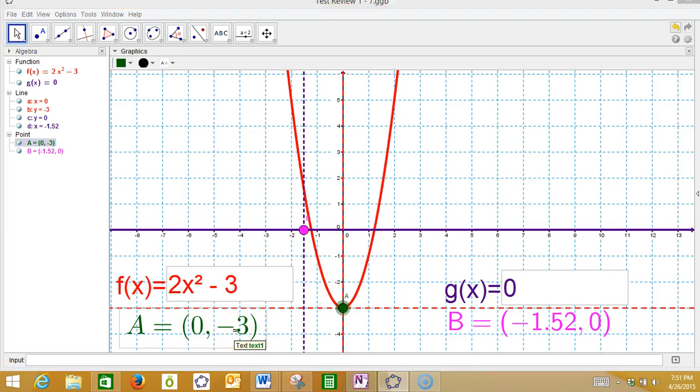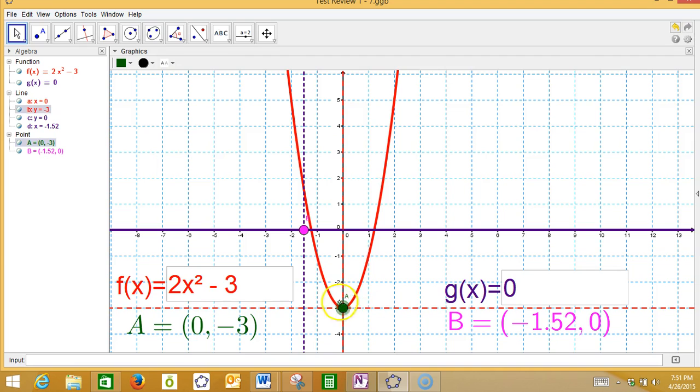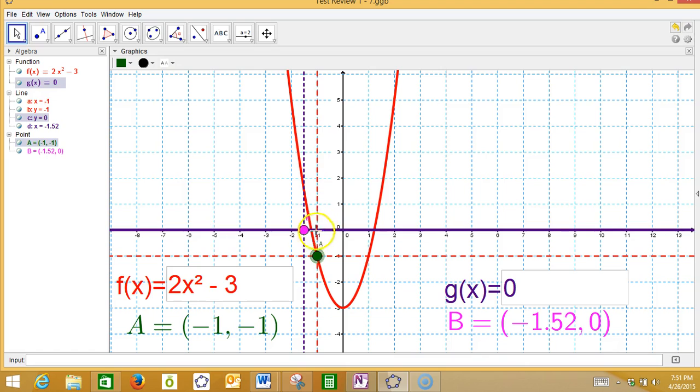And that's exactly what we said we were going to get out when we evaluated that. f of -1 means, if I look at the graph, where x is -1, that's our input. Notice our output is -1, right? -1 squared, by the way, -1 times -1, is +1. +1 times 2 is +2. +2 minus 3, there's our -1.